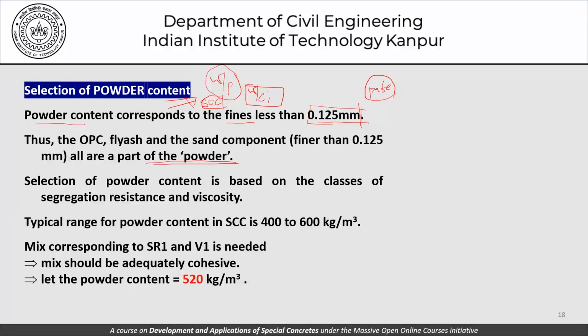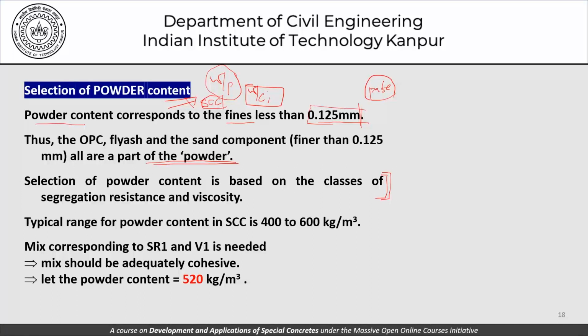Now the selection of the powder content is based on the class of the segregation resistance and viscosity which is required. So how much powder we need in a particular self-compacting concrete is determined by how much segregation resistance, or what is the V funnel time, that we want from the concrete.